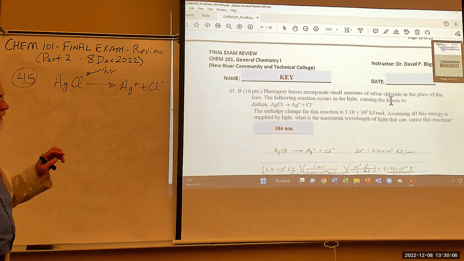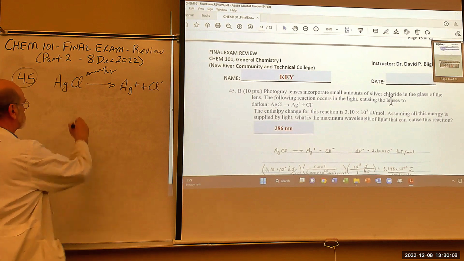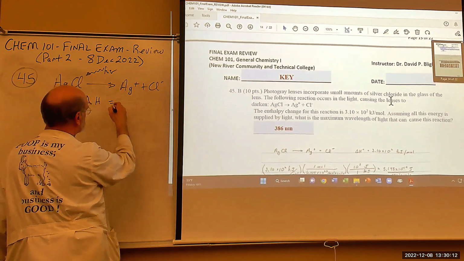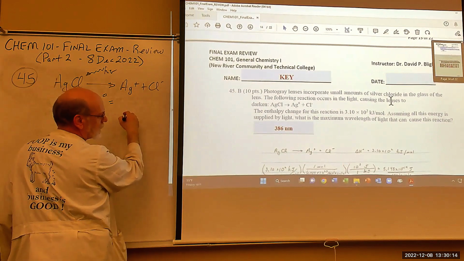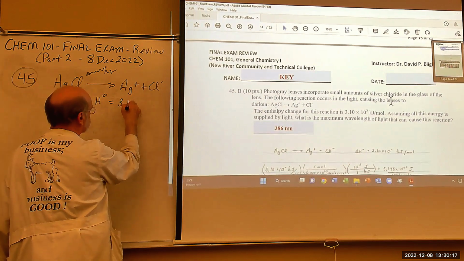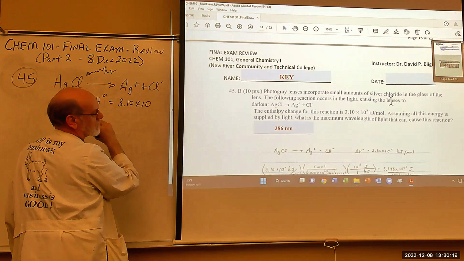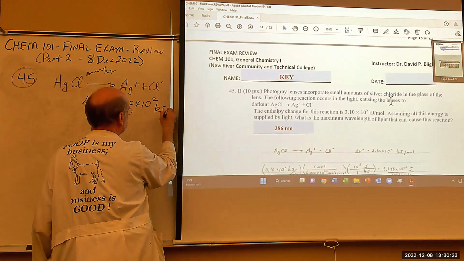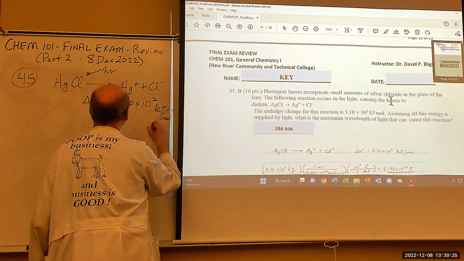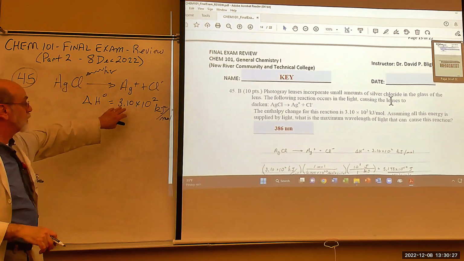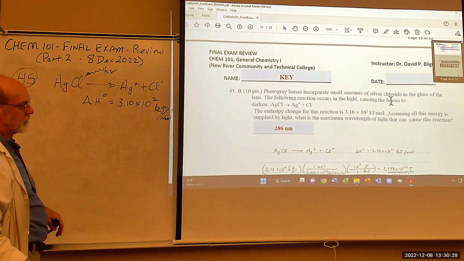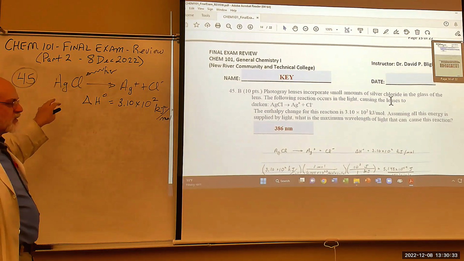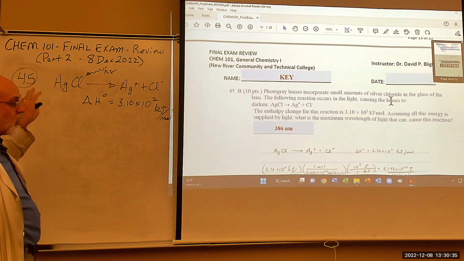The enthalpy change for this reaction, the delta H for this reaction is, let's see, 3.10 times 10 to the second kilojoules per mole, per mole of silver chloride. Assuming all the energy is supplied by light, what is the maximum wavelength of light that can cause this reaction?